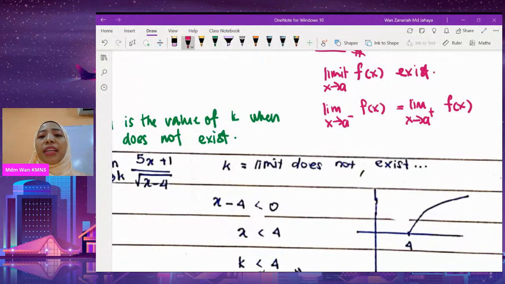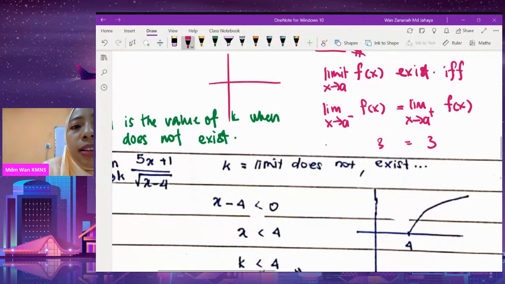Okay, so the limit x approaching a for a function exists if and only if the limit x approaching a from the left equals the limit x approaching a from the right. Meaning if one side is 3, the other side must be 3.